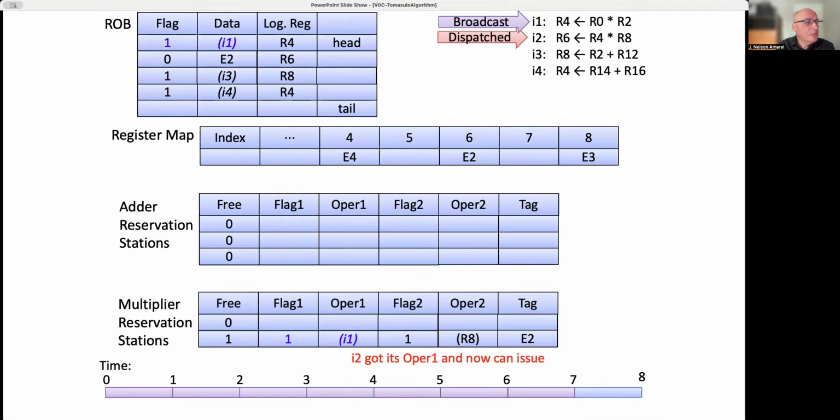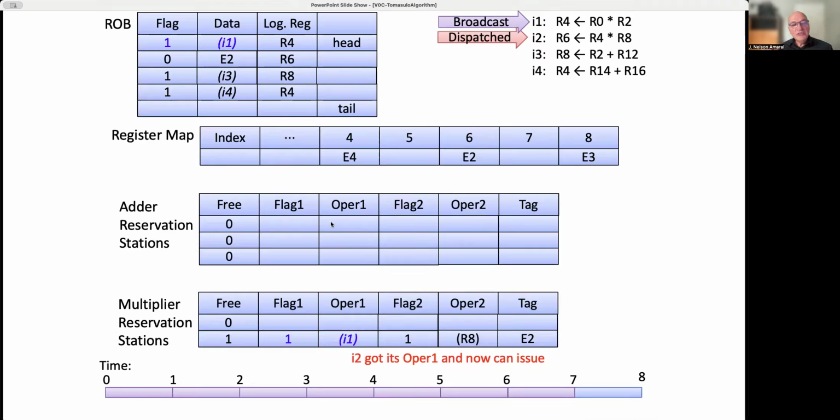And note that the value produced by I4 for register 4 is still sitting in the reorder buffer and will be written to R4 after the value of R4 in instruction I2 has been consumed. So now I2 has got its operand 1. That is the value that should be in R4, but it is getting the value from E1 actually.